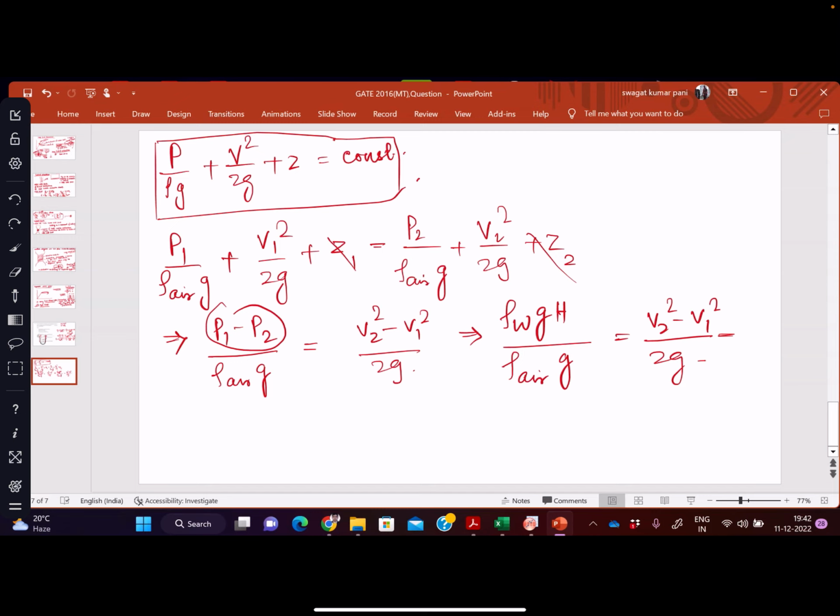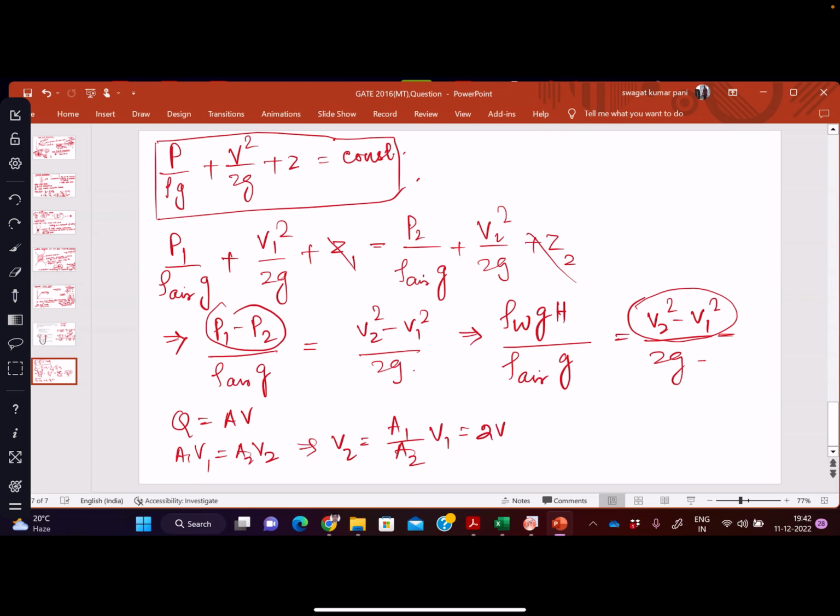To find a relation between V1 and V2, we know the flow rate Q equals A V, so from continuity A1 V1 equals A2 V2. The area is 100 mm square at A and 50 mm square at B. So V2 equals A1 by A2 times V1, which is basically 2.